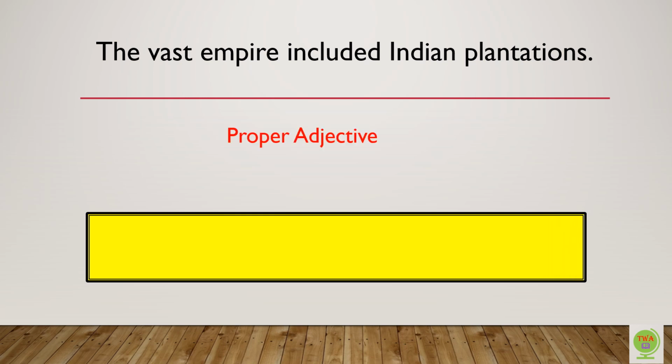If your answer is proper adjective, you are correct. Why? The word Indian is the proper adjective. What type of plantation do we have here? An Indian plantation. The word Indian is derived from the word India. All right, let's go to our next slide.